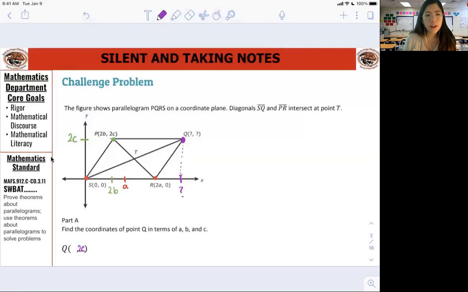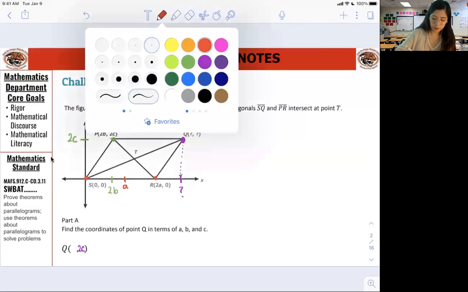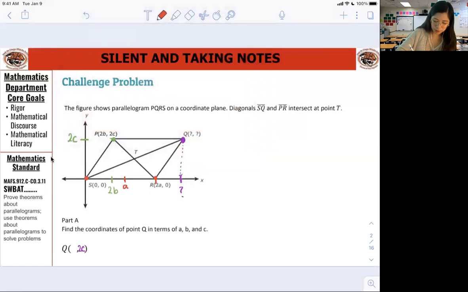Well, let's take a look at what we've marked so far, okay? Look at the x-axis. We know where A is, we know where 2A is, and we know where 2B is. Okay, you guys are kind of working it out.